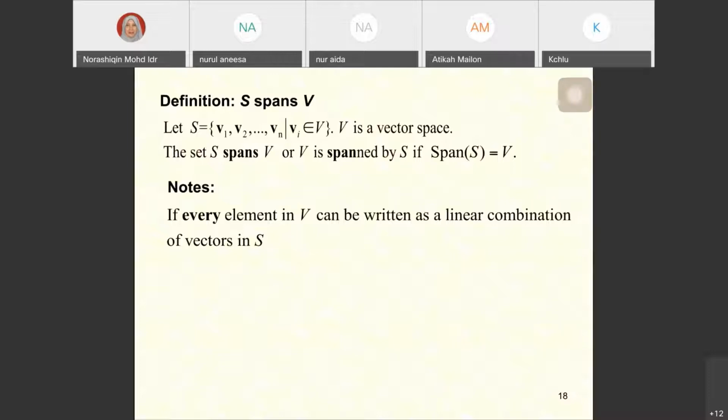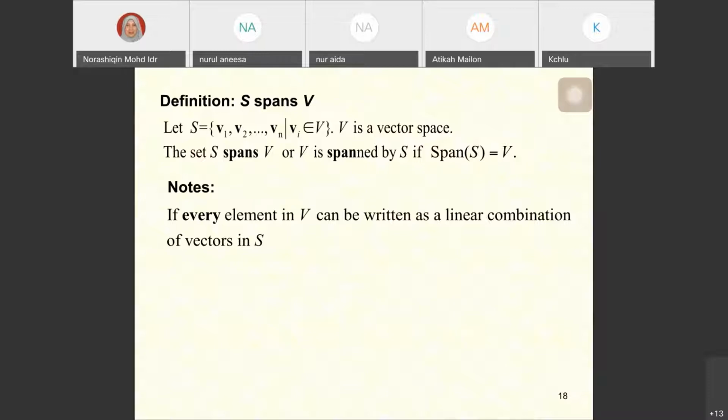For example, in number 1, the vector (1, 1, 1) cannot be in the span of S, or cannot be written as a linear combination, in R3. In example number 2, (1, 2) can be a linear combination in R2. So in example 1, the set S does not span V, or R3 is not spanned by the set S.